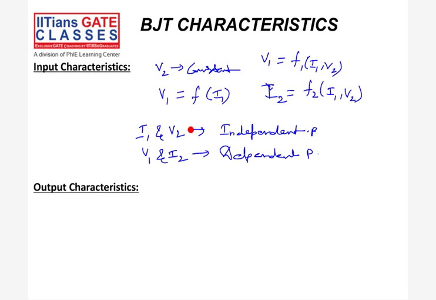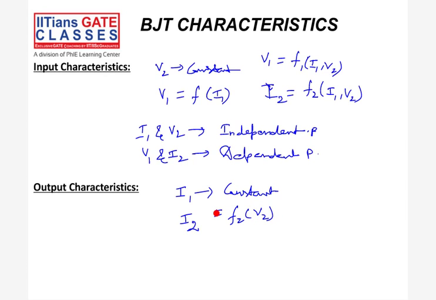How they are dependent, that will come in your characteristics, like input characteristic and output characteristic. So this was input characteristic, and now output characteristic. In output characteristic, I1 will be constant, and I2 will be a function of V2.